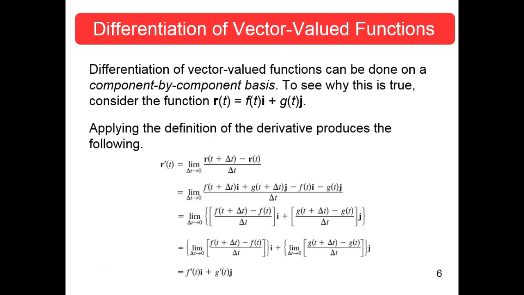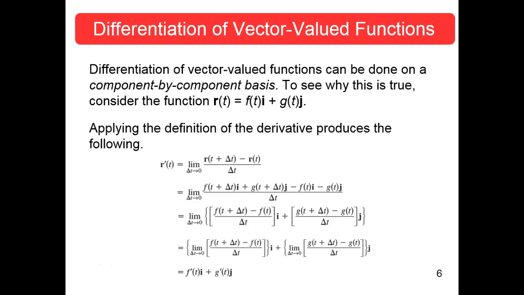So that would be the limit as delta t approaches 0 of f of t plus delta t i plus g of t plus delta t j, minus f of t i minus g of t j.